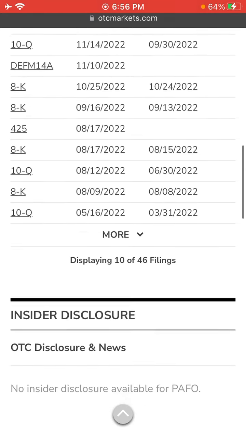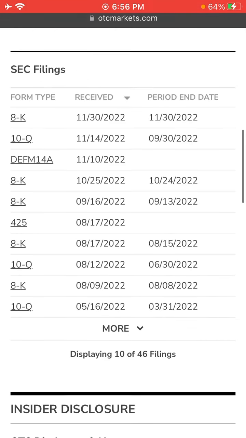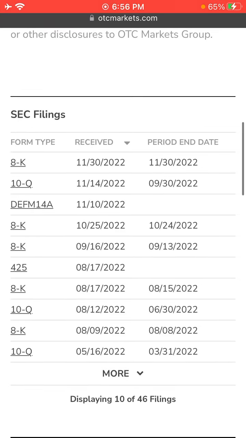And you can see with this one, they're actually keeping up, because if you recall the other stock, CAL, from yesterday's video, the last 10Q file I saw filed was on the 5th of this year. But as you can see, each quarter they should be filing a 10Q. There's a 10Q here on the 16th, on the 8th, and then on the 11th of this year.